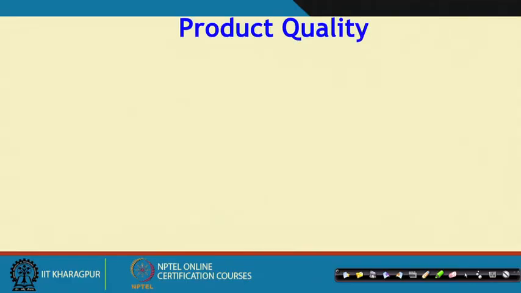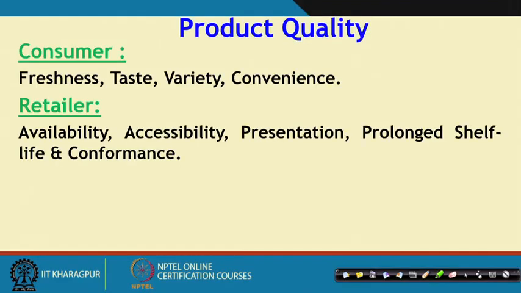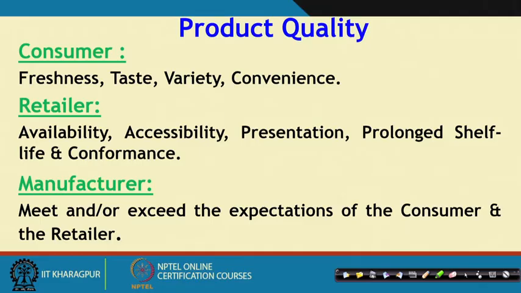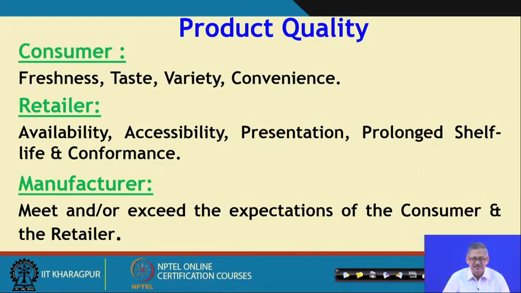Then comes product quality from the consumer's point of view or the retailer's point of view. The consumer wants fresh, tasty, variety and convenient food. If you ask any consumer, he will say he wants quality in terms of freshness, taste, variety, or how convenient it is.